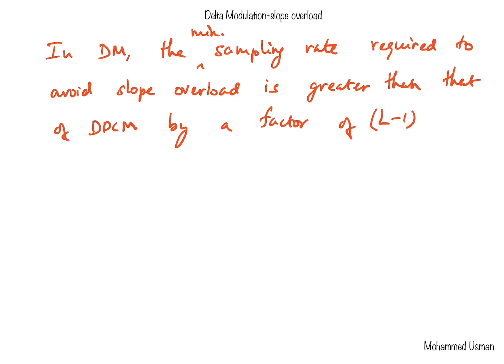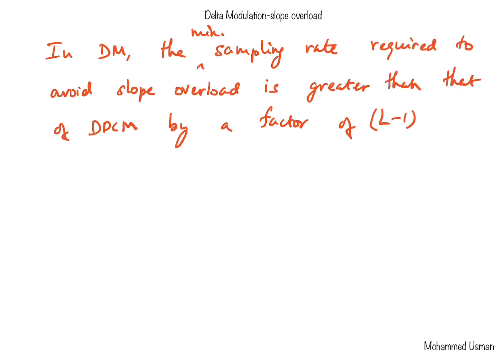Okay, or conversely we can say that the sampling rate required for differential pulse code modulation is smaller by a factor of L minus 1, or for delta modulation it is greater by a factor of L minus 1.